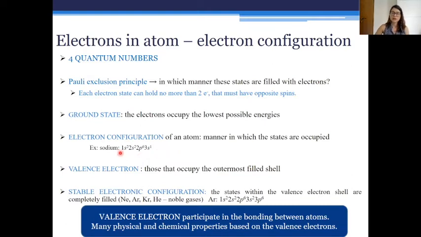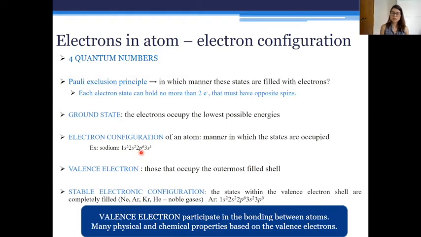So you can see that 1 corresponds to the first quantum number, n, s corresponds to the subshell, and the superscript corresponds to the number of electrons placed on this subshell. So we saw that the s subshell will be filled with maximum 2 electrons, the p with 6 electrons, and in that way, I represent the electron configuration of the sodium atom, okay?